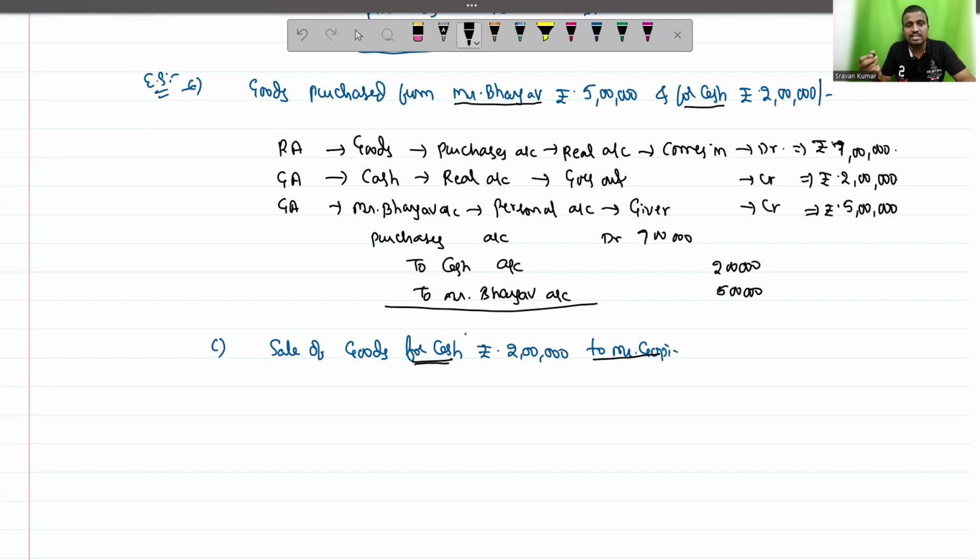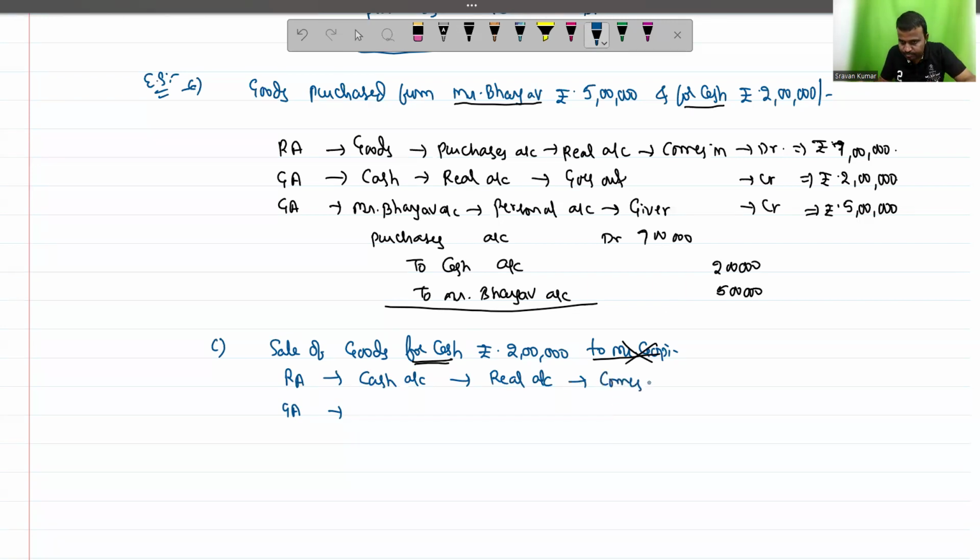If the word for cash is given in the transaction, we have to ignore the name of the person. Then, if you analyze this one, what is the receiving aspect and what is the giving aspect? Here, the receiving aspect is nothing but cash. Cash account is a real account. What is the rule for real account? Debit what comes in, credit what goes out.